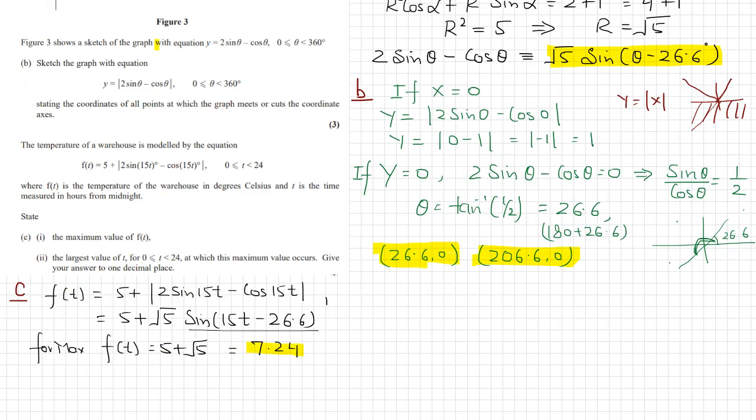Now the second part is the largest value of t at which the maximum value occurs. So he wants to know, this is the largest value of f(t) and this is the value of t.